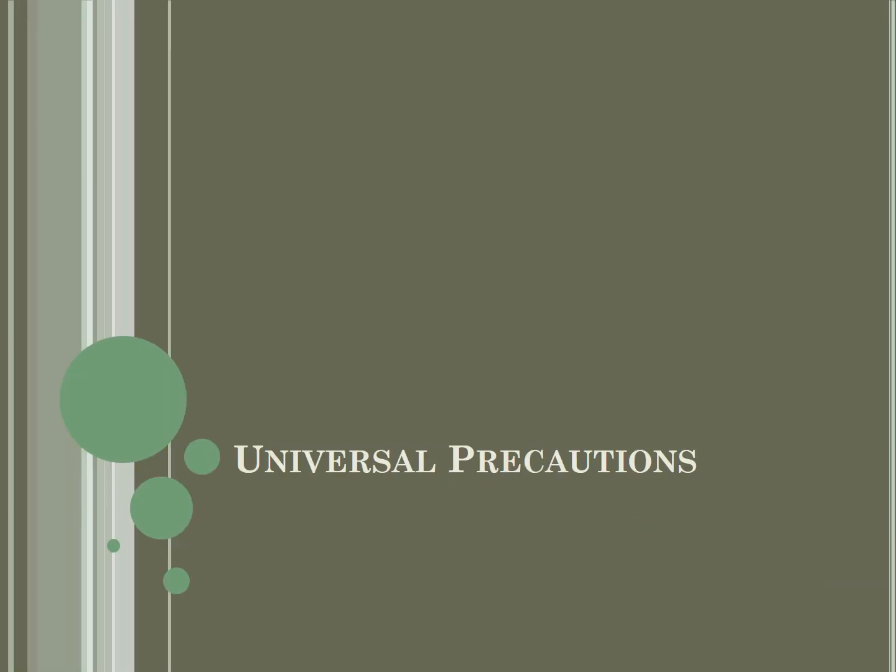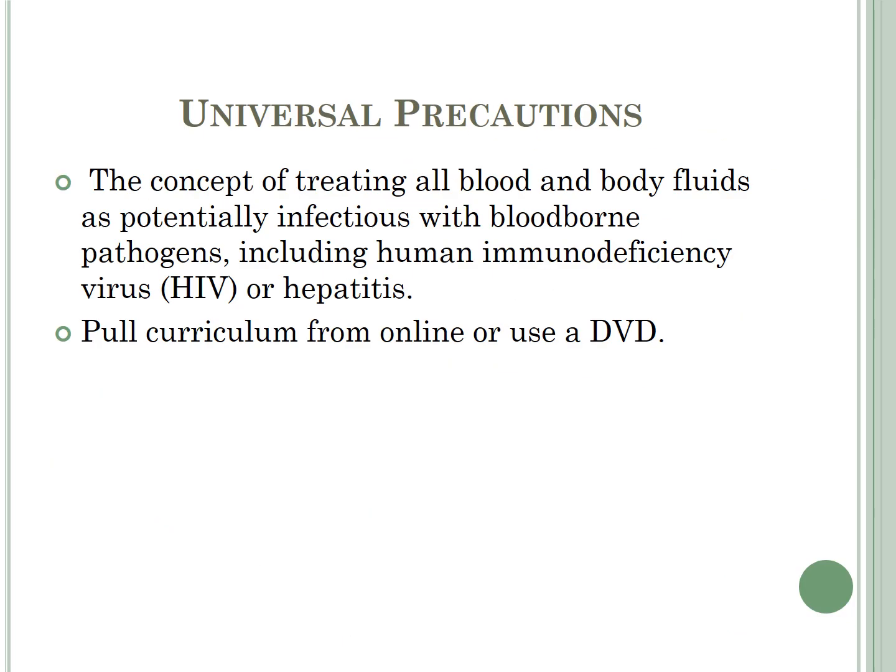So that is it for rights. And we're going to move on to universal precautions. And to be honest, universal precautions is a pretty basic topic, and there's a lot of information online that agencies can pull to train their staff.